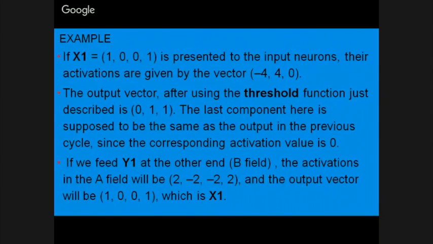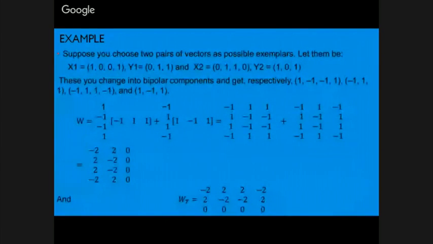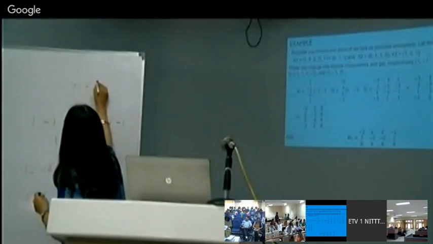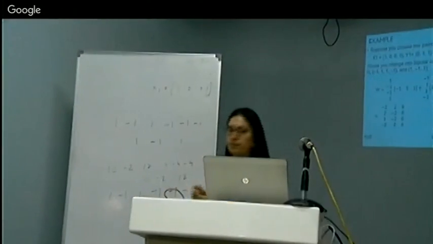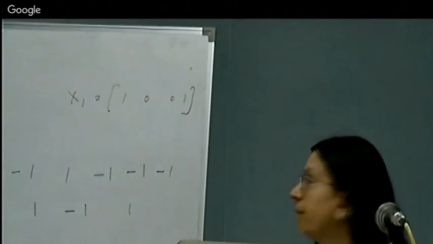You see there are 3 columns of the weight matrix. So the first column will give us the first activation. So the vector x1 is being taken as 1, 0, 0, 1, right? When we apply this vector to the first column of the weight matrix, what activation will we get?